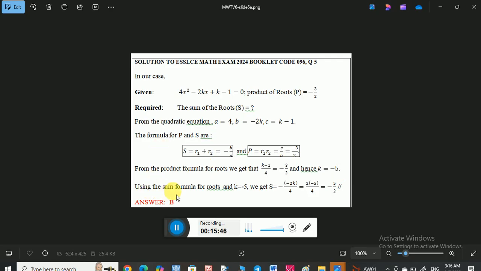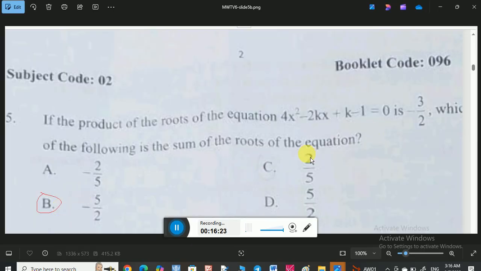And from the formula for the sum of roots of quadratic equations, S is negative B over A, but A is given to be 4, so we have negative B over 4, and B is negative 2k, so we have negative of negative 2k over 4, which means k over 2. But k is negative 5, so we get negative 5 over 2. So the answer is the sum becomes negative 5 over 2, which means B.